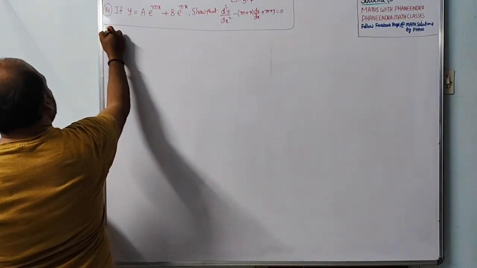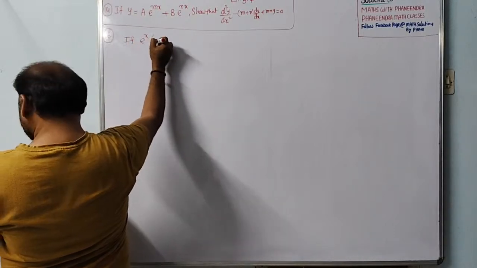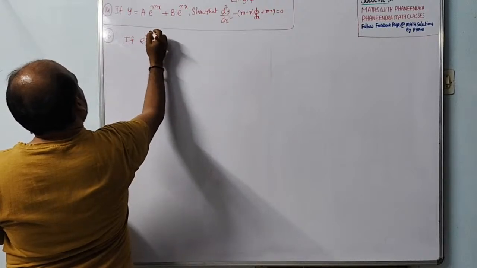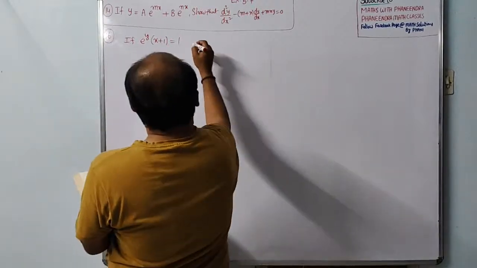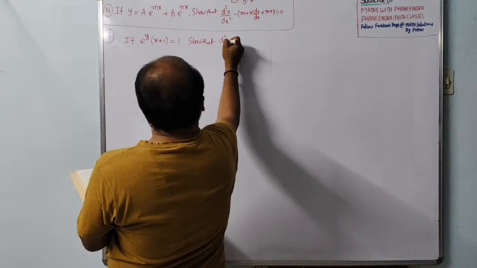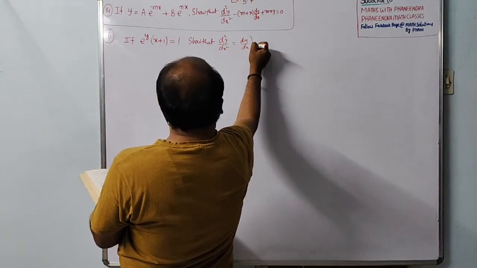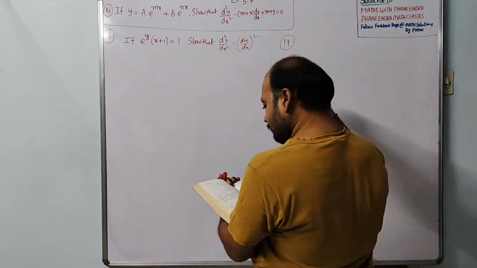Question number 16. If e power x into e power y, e power y into x plus 1 is equal to 1, show that d square y by dx square equal to dy by dx whole square. Next, question number 17.